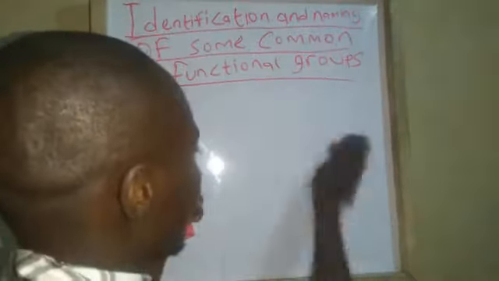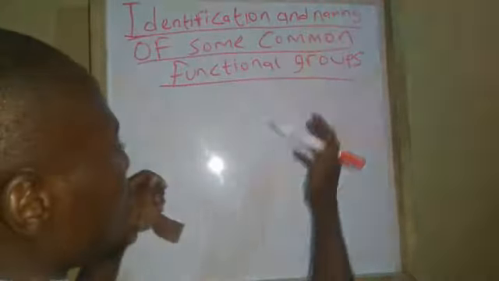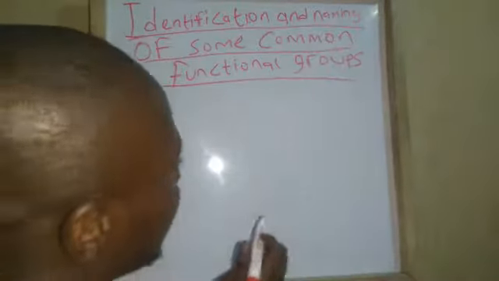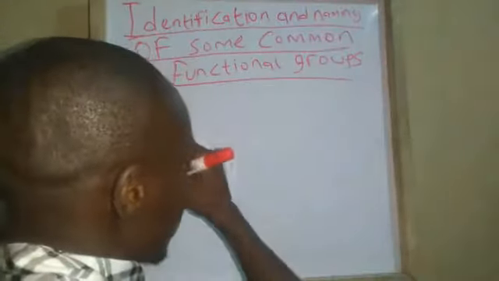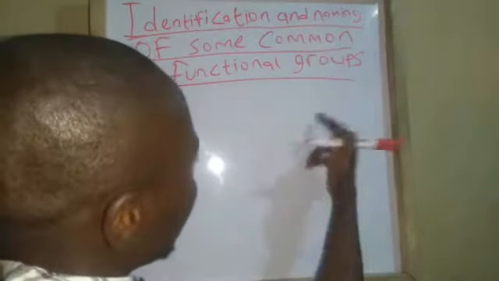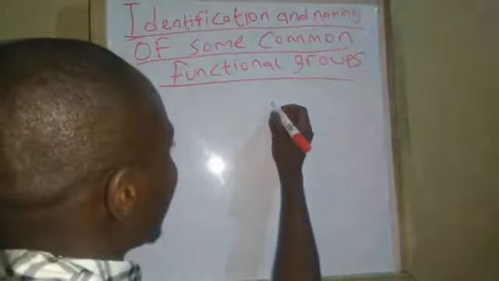Now I will illustrate that by drawing ethoxypropane. If you want to draw ethoxypropane, this is what will happen. Ethoxy, in the sense that we are talking of two carbons, so we are talking of ethyl.